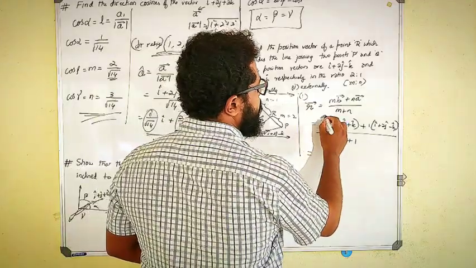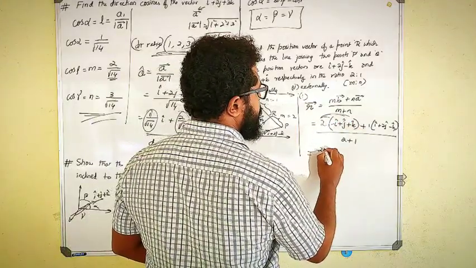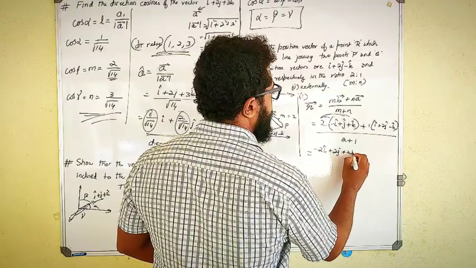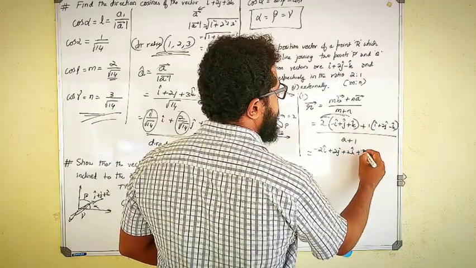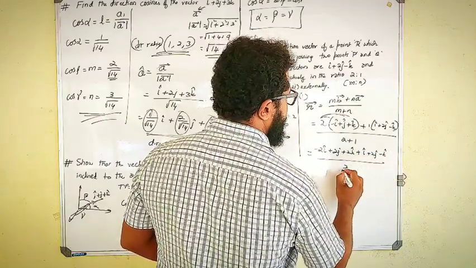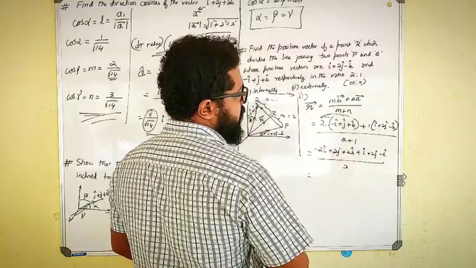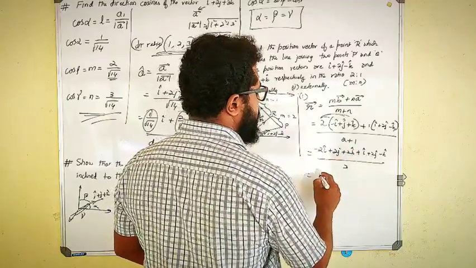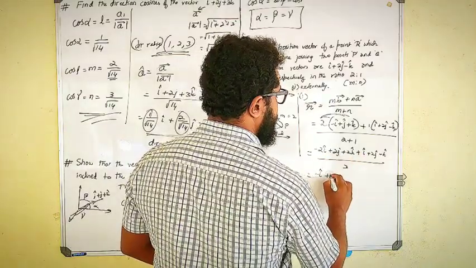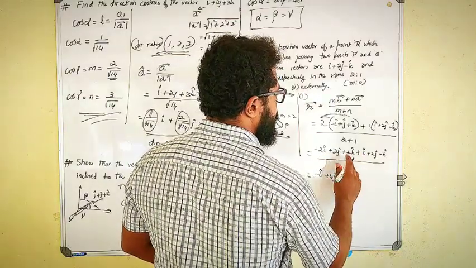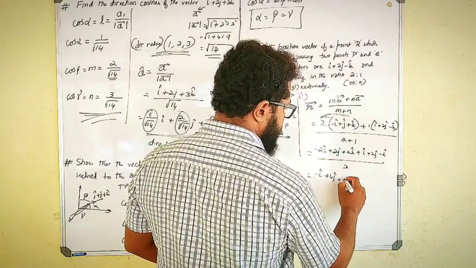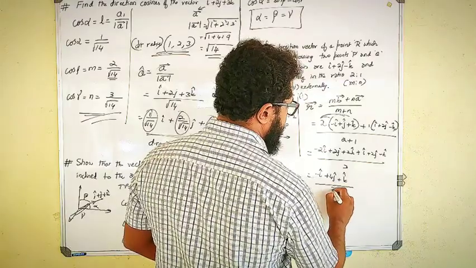Now I'll multiply the 2 inside: minus 2i cap plus 2j cap plus 2k cap, and this is 1 into the a vector, so let it be as it is. This will be divided by 3. So I'll add the i's: minus 2 plus 1 is minus i cap, 2 plus 2 is 4j cap, and 2 minus 1 is 1k cap, divided by 3.